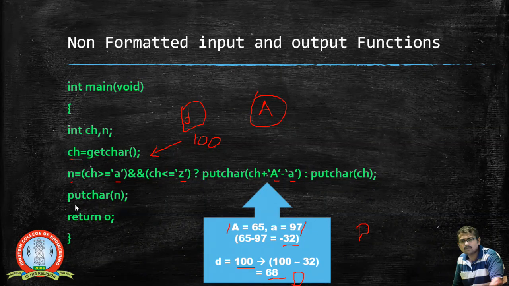Now you see, I am printing this value of n by passing it into putchar. So automatically this 68 will be converted into the character.